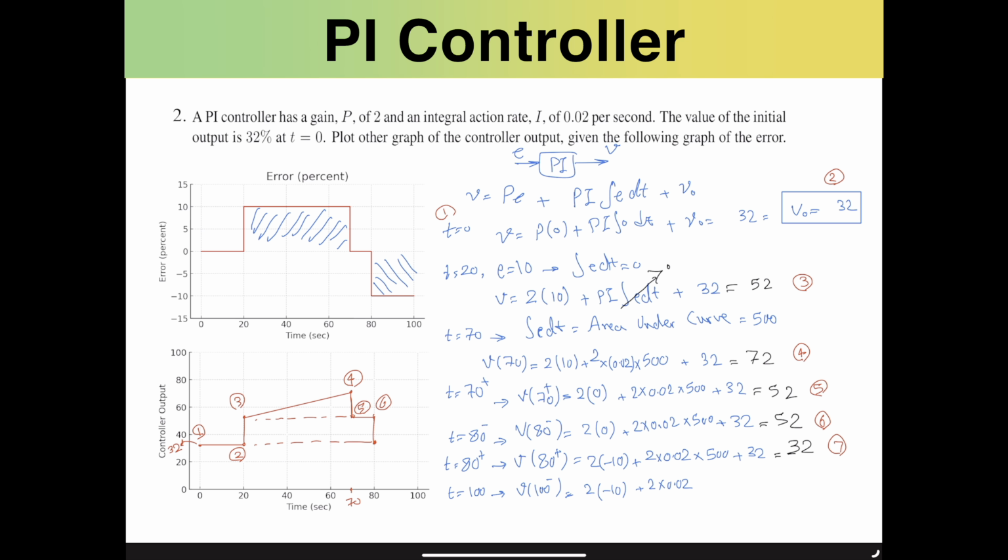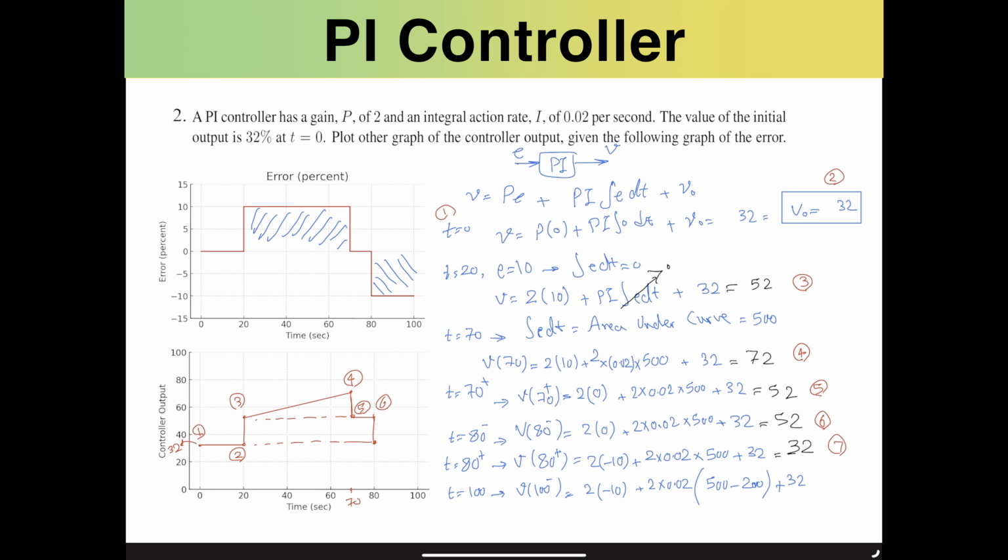So we need to then consider 500 as the initial one, but then the second area is going to be 20 times 10, but a negative number, so minus 200. So minus 200 is going to be the area under the curve plus the initial value, which is 32.